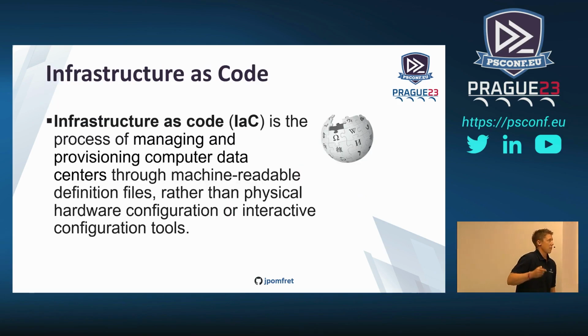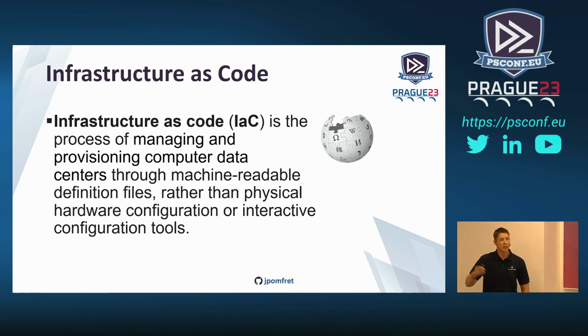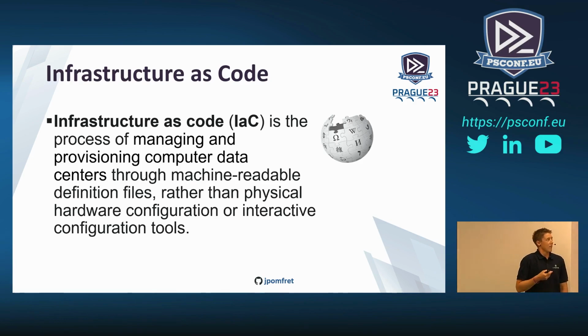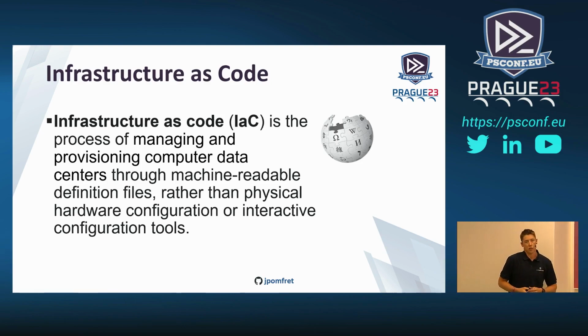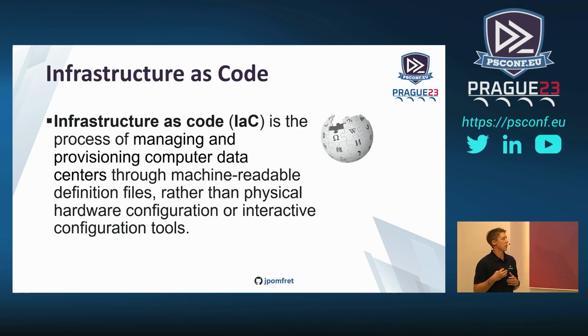I also like to think about infrastructure as code. And whenever I'm doing a bit of a research project, the first place we go is obviously Wikipedia, right? Infrastructure as code is this idea that we're going to manage and provision computers using machine-readable definition files. Basically source code to define our environment. So if we put these two things together, could we create an inventory system that's actually the single source of truth?